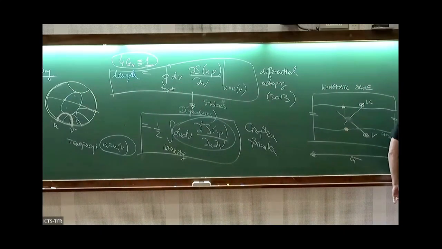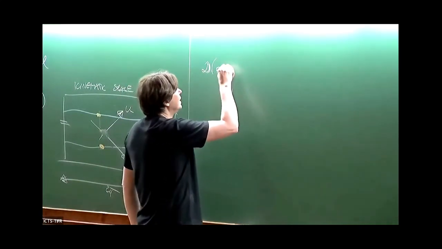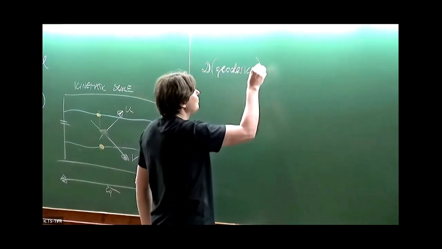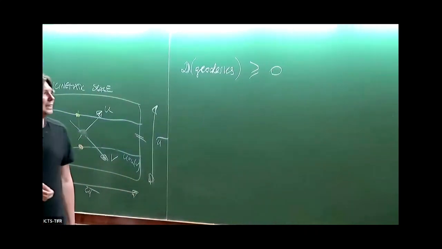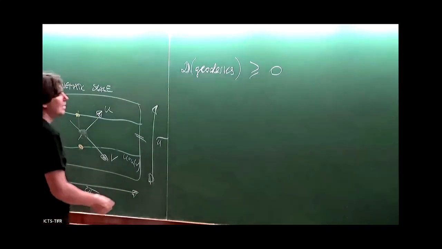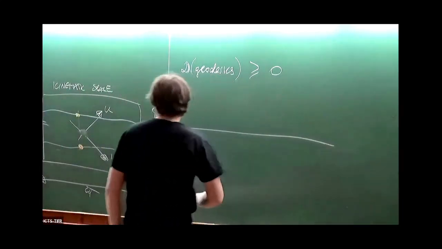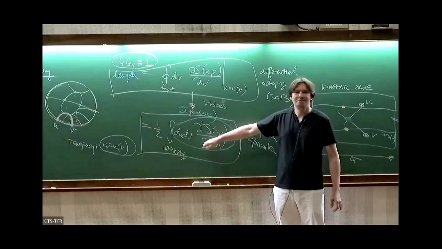And the first statement to make here is that d geodesics everywhere is a non-negative, non-vanishing form. And why is that true? Well, if we look at the form of this geodesic, let me discretize this. So let me make these little du's finite.